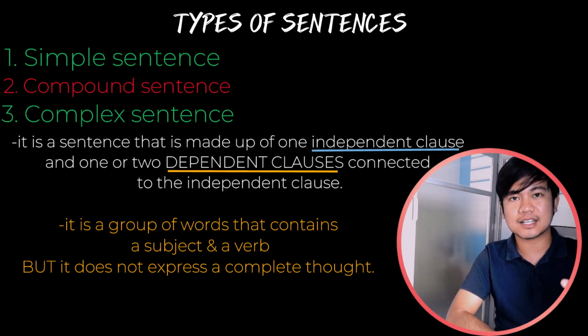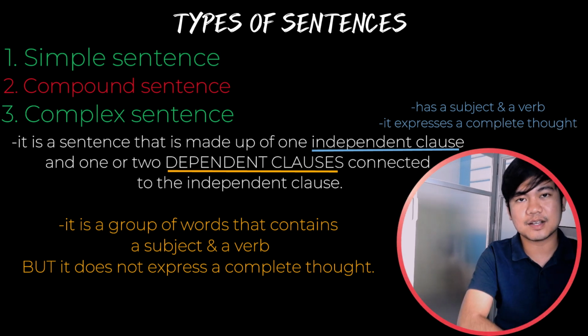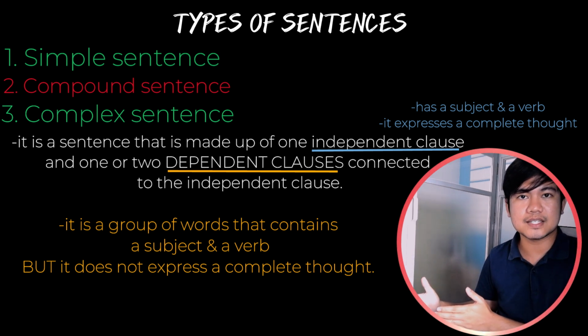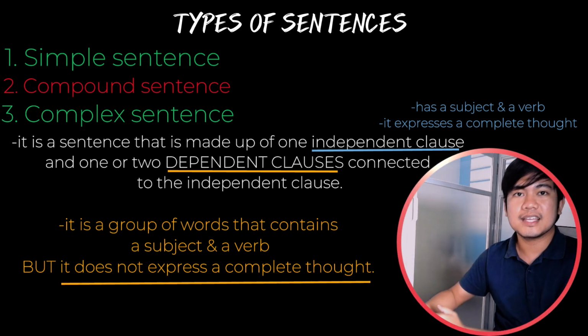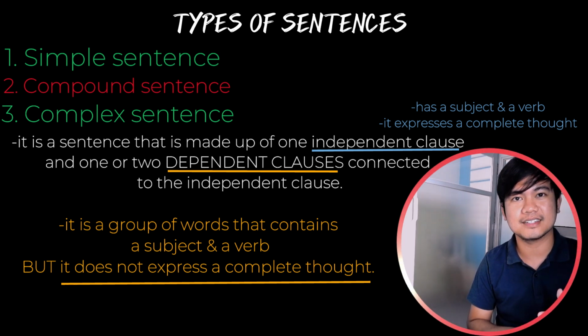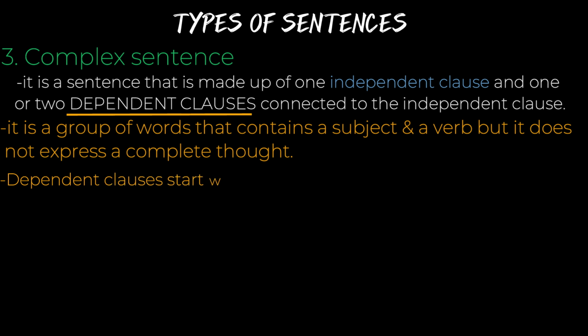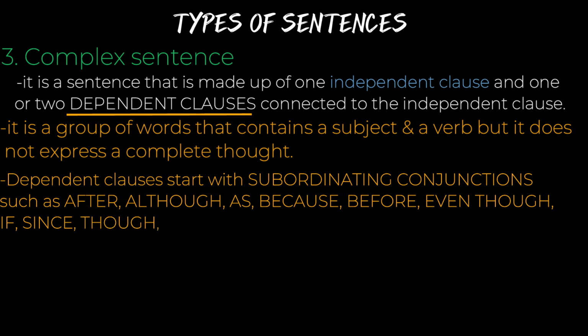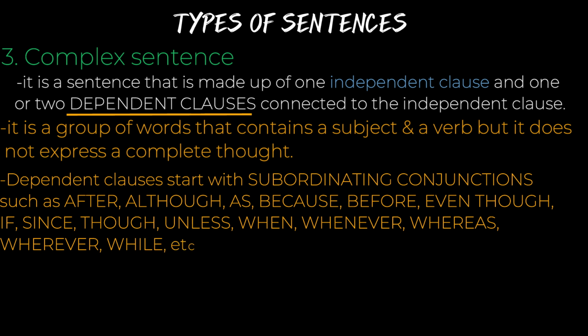Again, an independent clause has a subject and a verb, and it expresses a complete thought, but the dependent clause does not express a complete thought, although it has a subject and a verb. Dependent clauses start with subordinating conjunctions such as after, although, as, because, before, even though, if, since, though, unless, when, whenever, whereas, wherever, while, and many more.